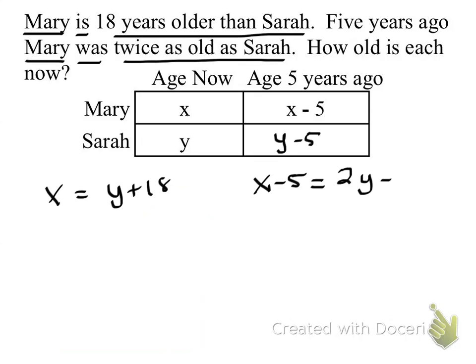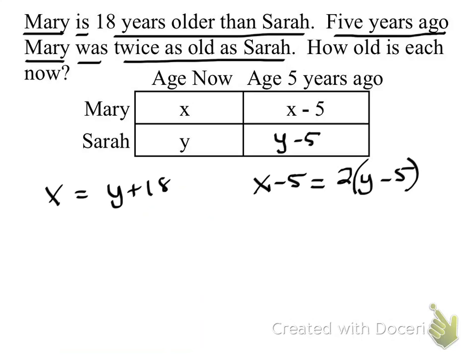Do you distribute? With 2 times the quantity of y minus 5. Right. So because they said this, Daniel, right here, 5 years ago, that means for everything in that sentence. Does that make sense? It's not just Mary 5 years ago. 5 years ago, Mary was twice as old as Sarah. That's the whole sentence was 5 years ago.